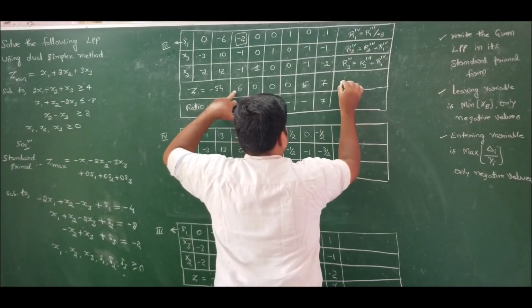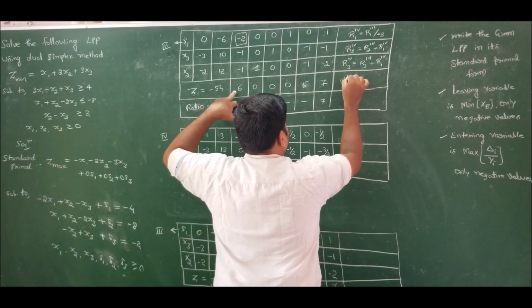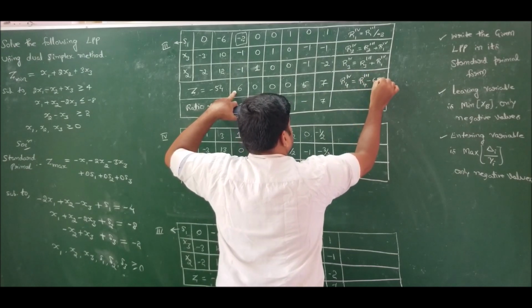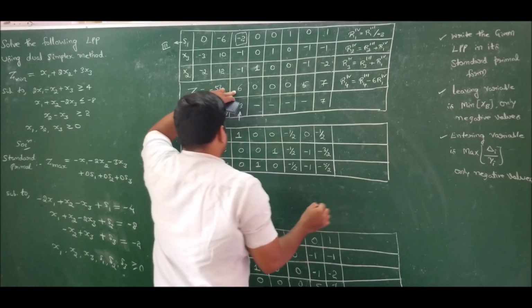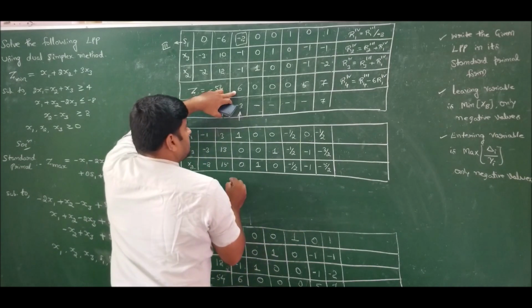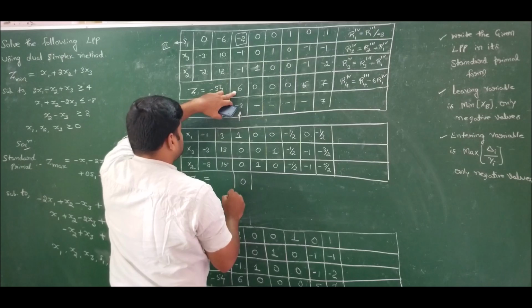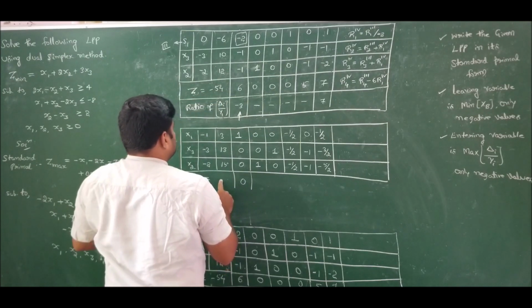So we have 6. So R4 of step 4 is R4 of step 3 minus 6 times R1 of step 4. So minus 6 times R1. This will become 0. So how much here?